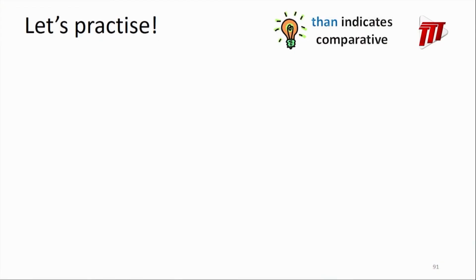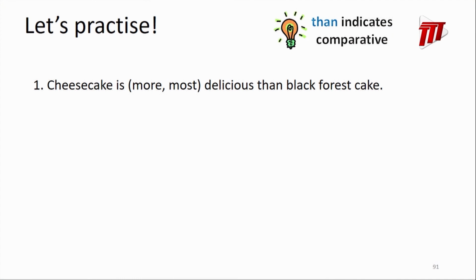Let's look at some examples that indicate it's comparative. Cheesecake is more or most delicious than Black Forest cake. You have to look at the sentence and see carefully how many are we comparing. Are we comparing one with another, or are we comparing one with many? We're just comparing cheesecake with Black Forest cake. So it will be more delicious.